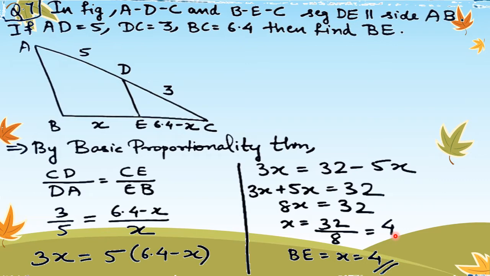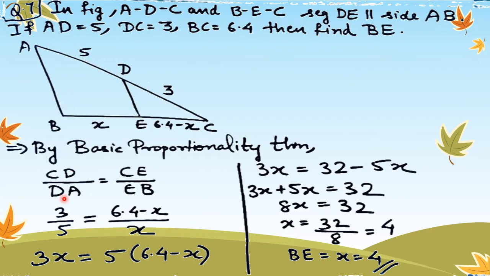Simple. Now there is one more way to do it. If you don't want to involve variable X over here, what you do? First you write the basic proportionality theorem. So CD upon DA is equal to CE upon EB. Now you apply componendo over here. So CD plus DA upon DA is equal to CE plus BE upon BE. Now CD plus DA is 3 plus 5, that is 8.